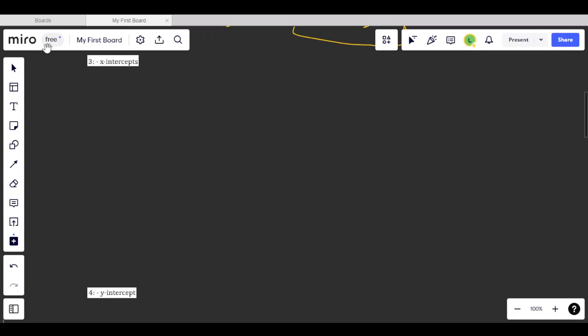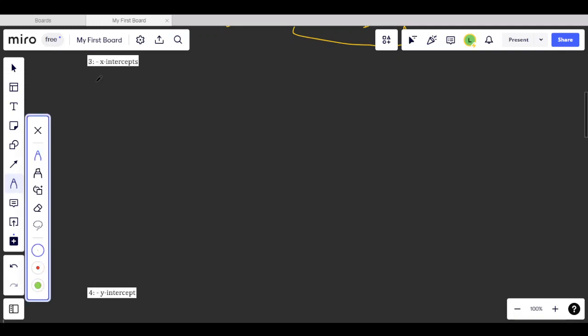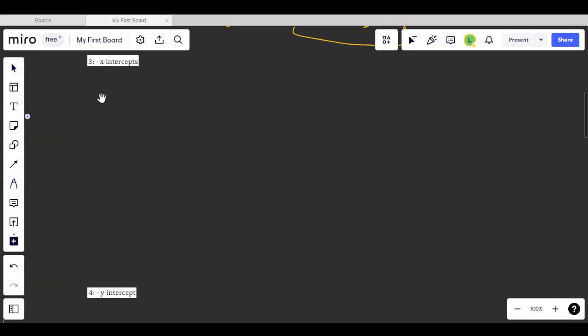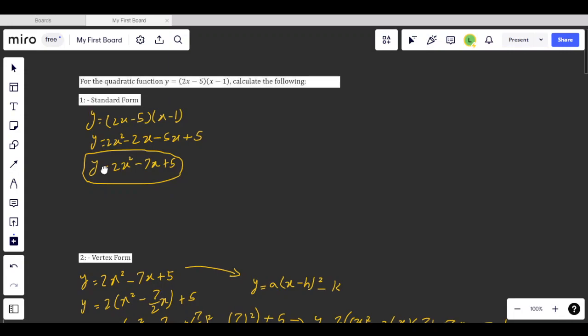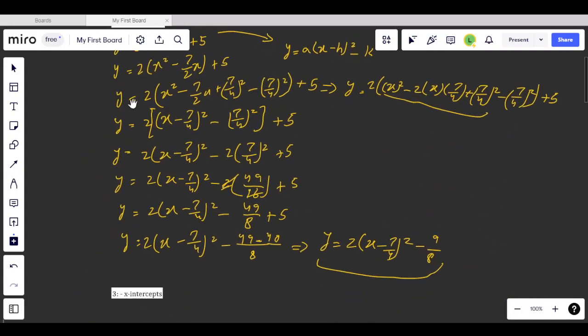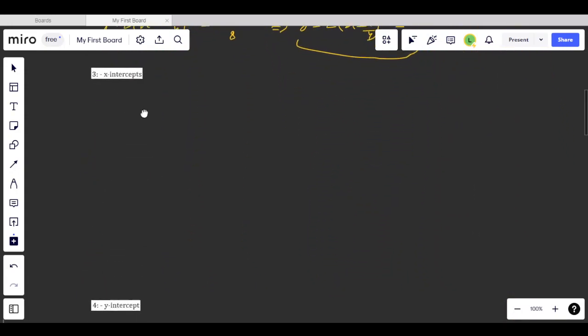All right, let's find the x-intercepts of the given function. The given function is y is equal to 2x minus 5 into x minus 1. So we're going to use that form.